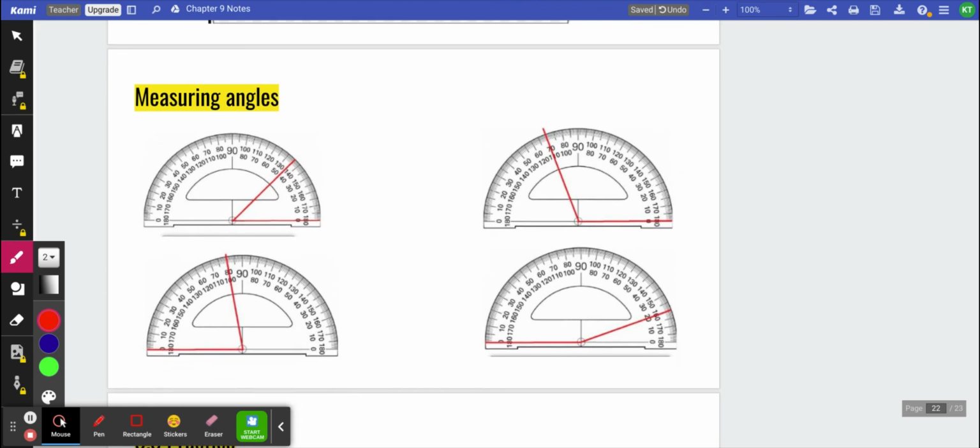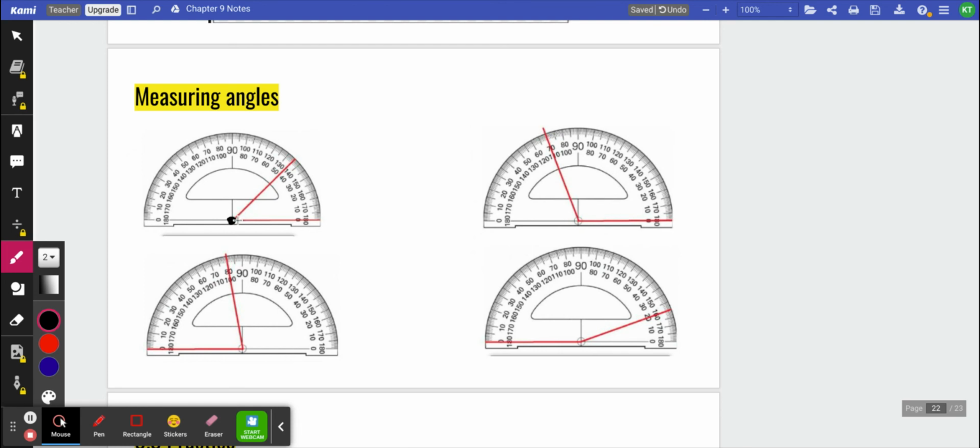Now, measuring angles. I'm going to give the in-person students some protractors to use. If you're at home, you'll have to do your best to estimate. But what I do when I'm measuring an angle, so in red here you can see the angle, is I put this little circle here on the vertex, and there's a line that rolls along the bottom.